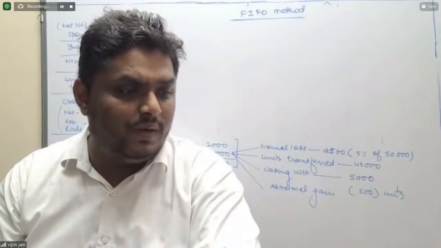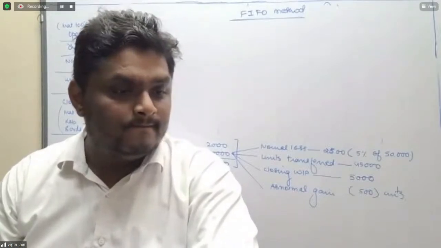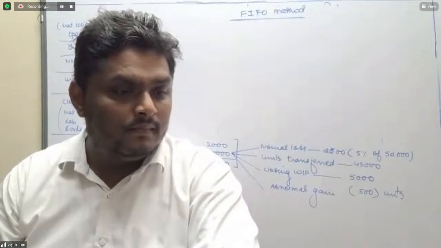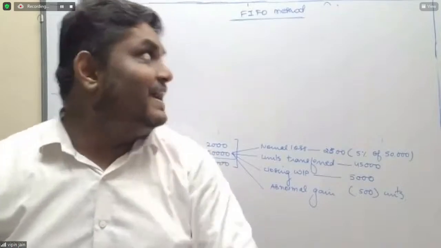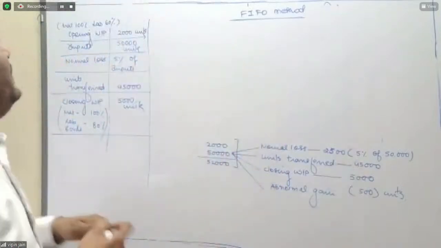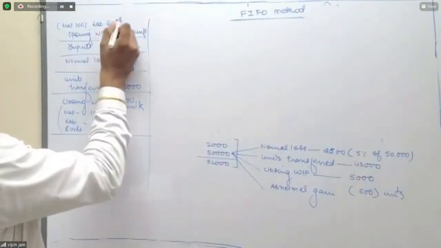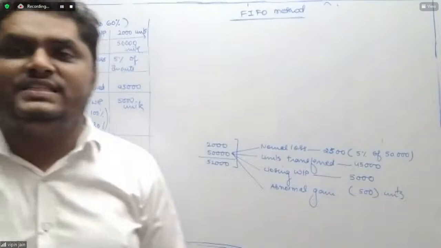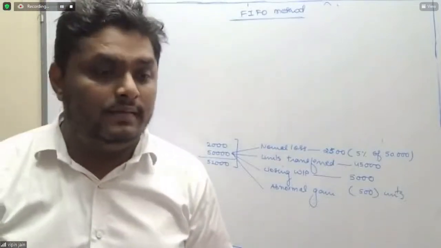So both the answers were incorrect, Riya. Anyways, guys, solve this question using the FIFO method, wherein material is processed by 100% and labor is processed by 60% in case of opening work in progress.